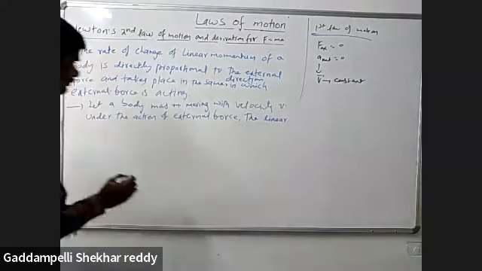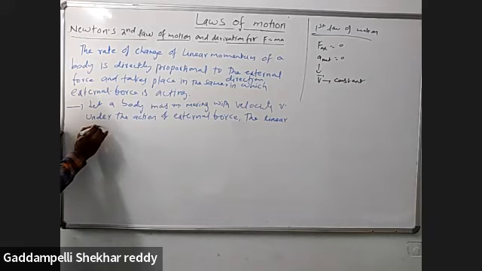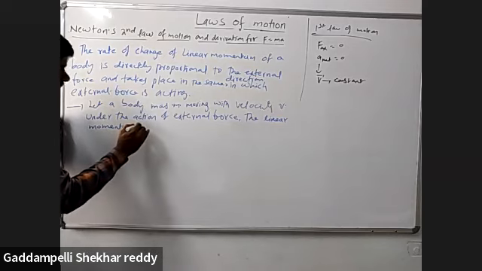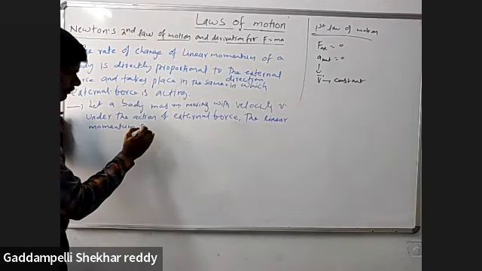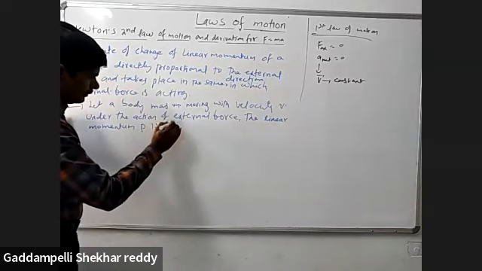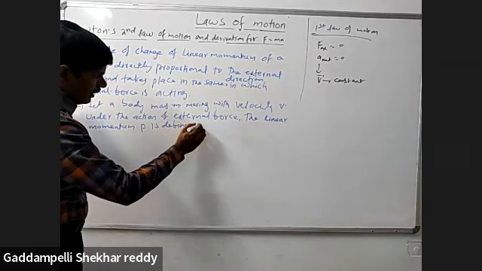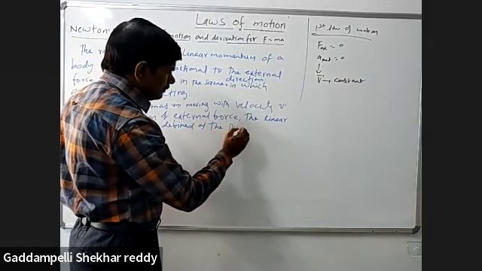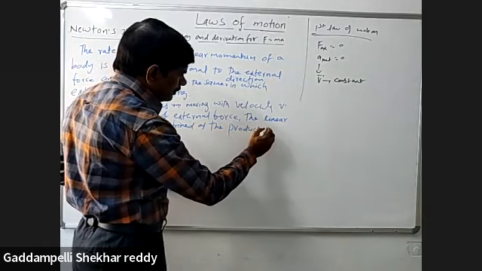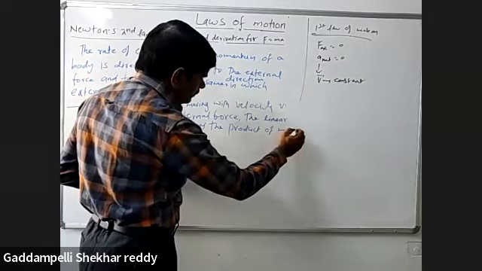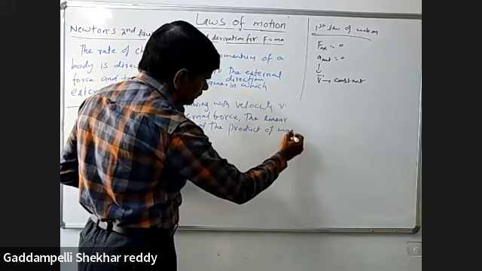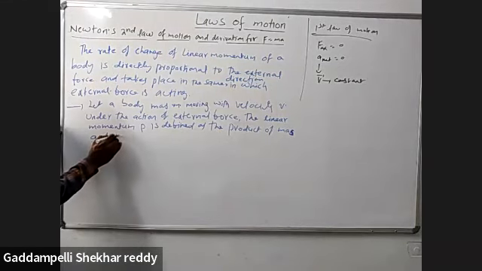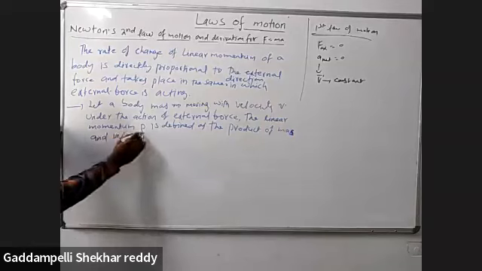The linear momentum P is defined as the product of mass and velocity.